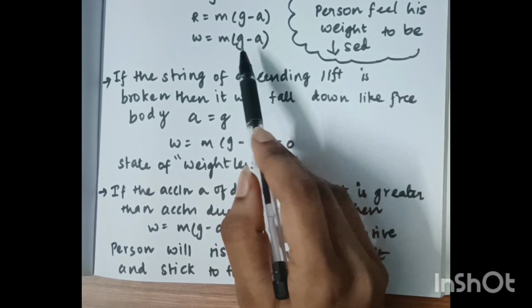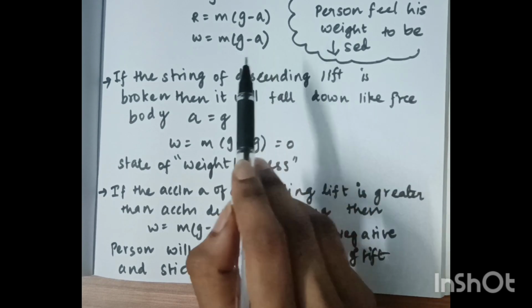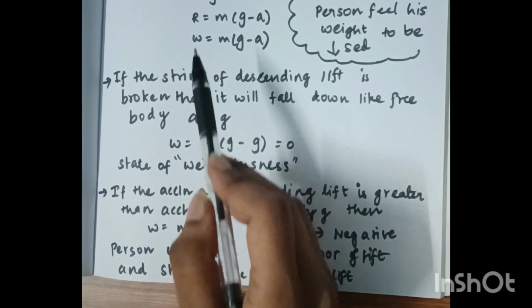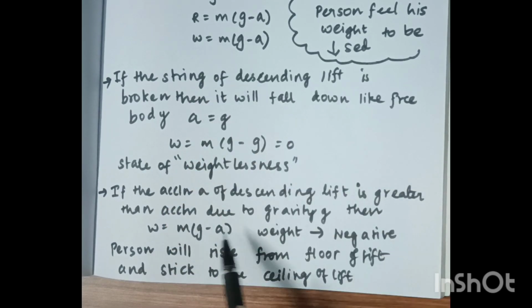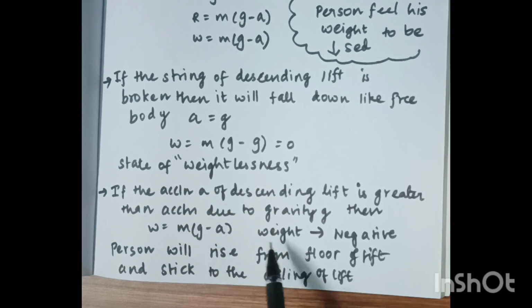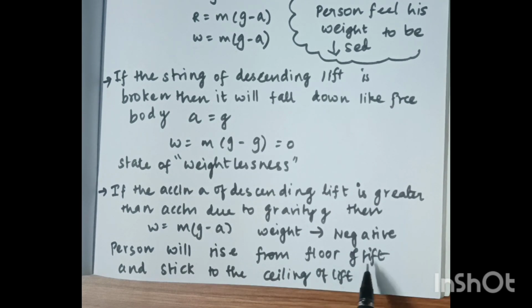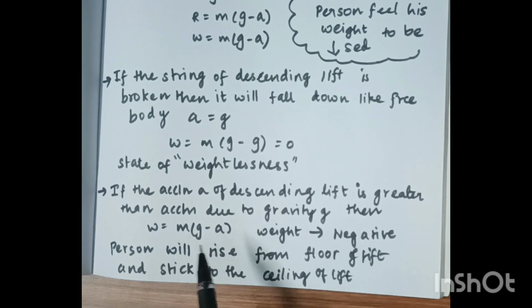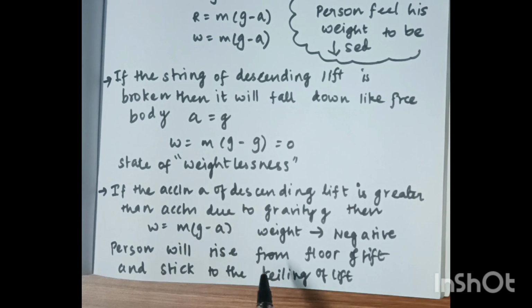If acceleration is greater than that, for example 12 meter per second square, then this whole value will become negative. Okay, if a is greater than g, then the weight will be negative. So in such a case, the person will rise from the floor of the lift and stick to the ceiling of the lift. So this will happen when a is greater than g, person will rise from the floor of the lift and stick to the ceiling of the lift.